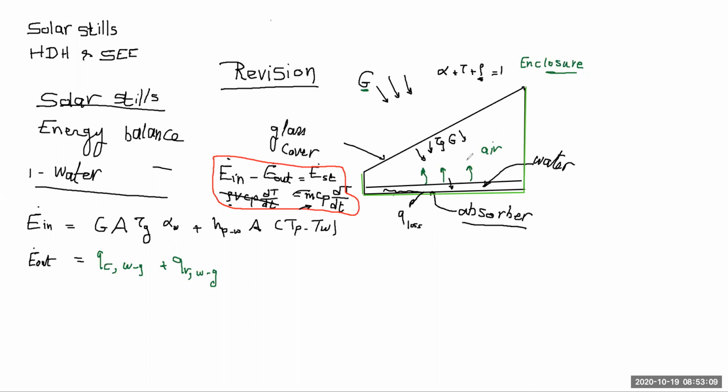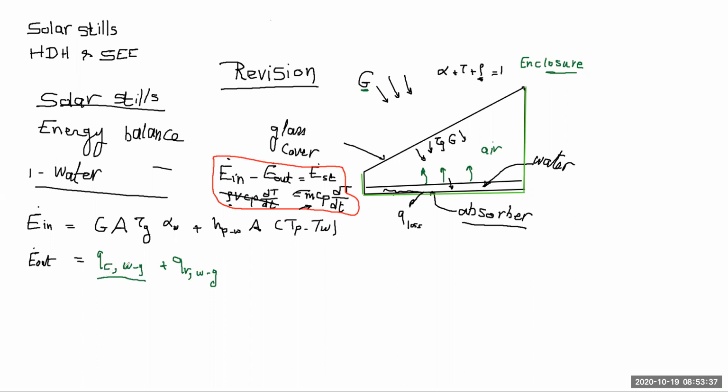Why long wave radiation? Because it is associated with relatively low temperature, which means that there's no energy that will go out of the solar still. Yes, but inside the solar still, there's still energy going from the water to the glass, and this energy is by radiation. Why did I write it? Why is it not neglected? Because the mode of energy which is associated with it is natural convection.